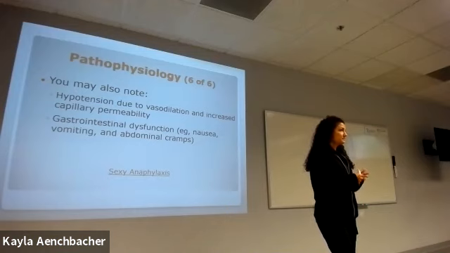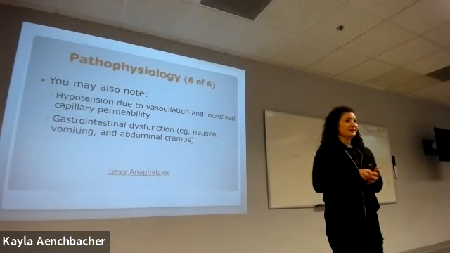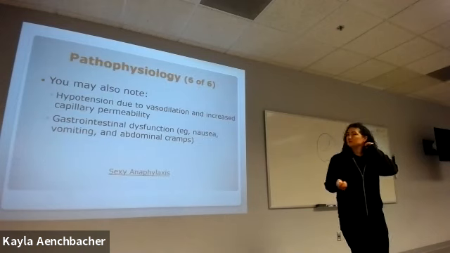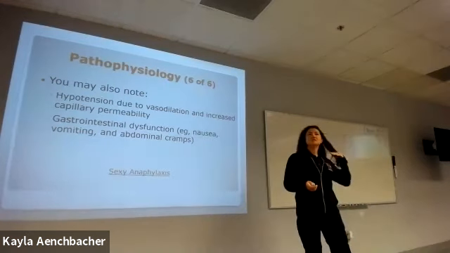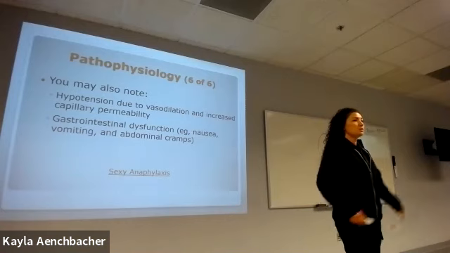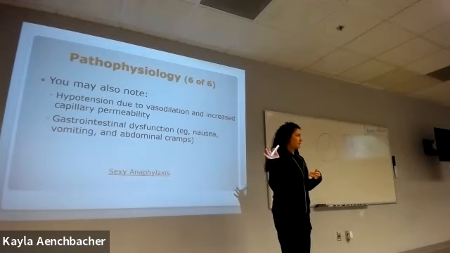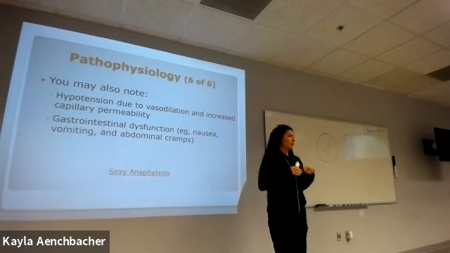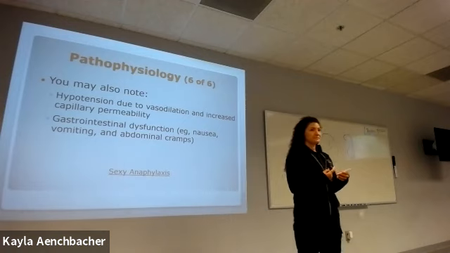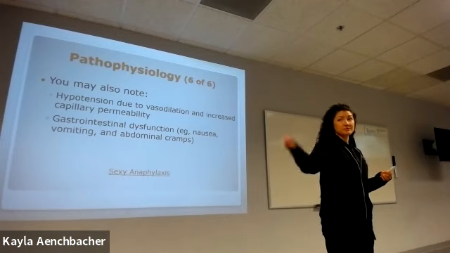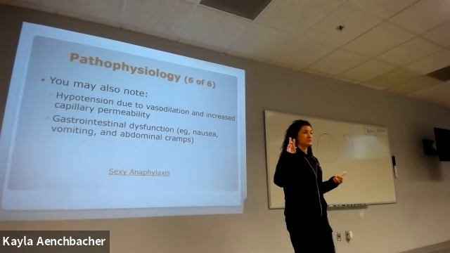All right, so guys, also too, it might be easier for y'all to understand what epi does now that you understand why we give it, right? Because why are we giving it? To reverse what? To reverse anaphylaxis, right? But particularly what's caused by anaphylaxis are we trying to reverse?